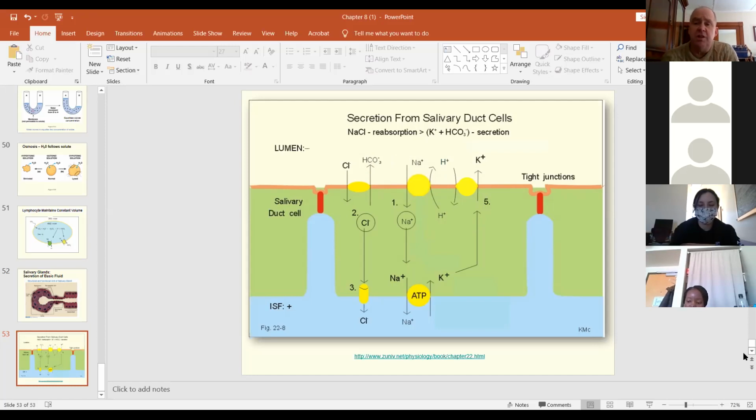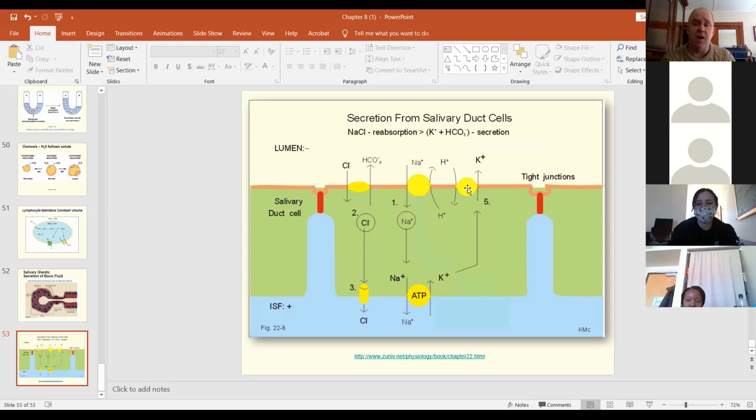So when you're studying chapter 8, things to keep in mind. Energy, right? Is it passive or is it active? If it's passive, it's either simple, just through the membrane, or facilitated, and facilitated transporters can be reversed. Remember, this chloride transporter is facilitated, this is facilitated, this is facilitated. These could all go in either direction.